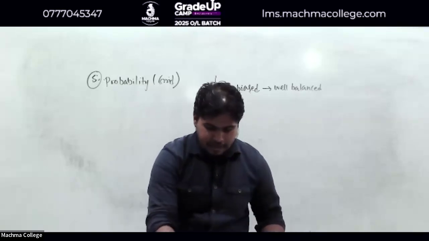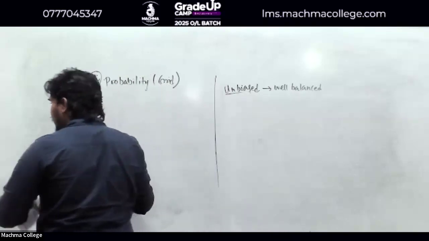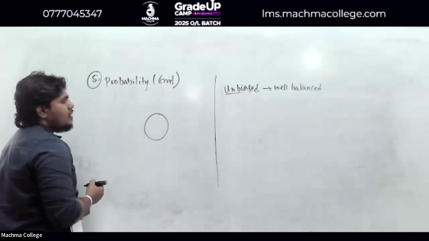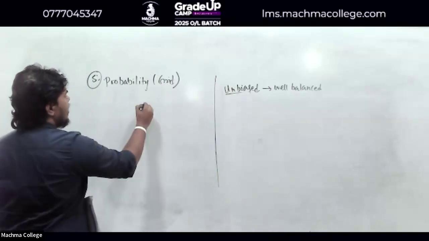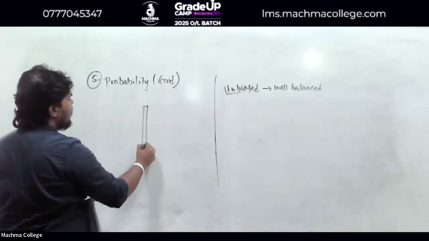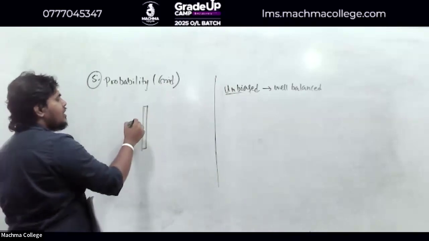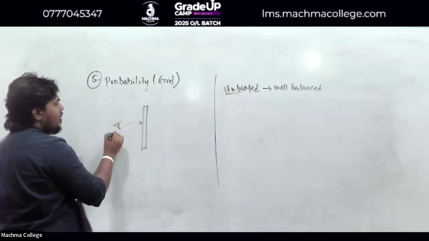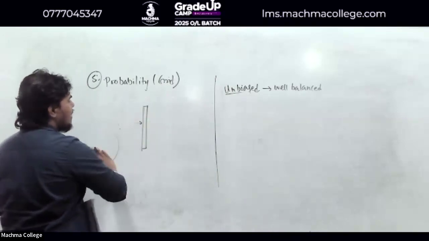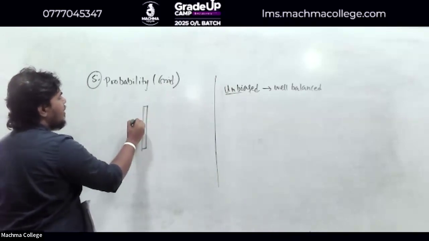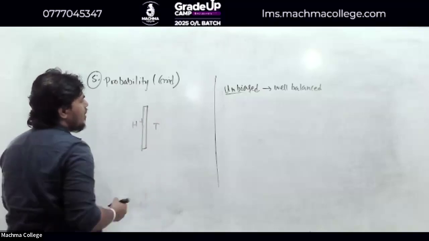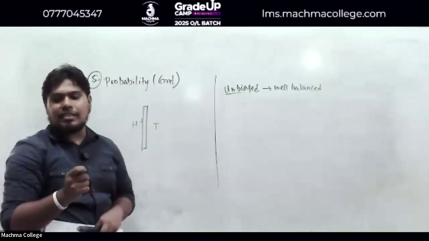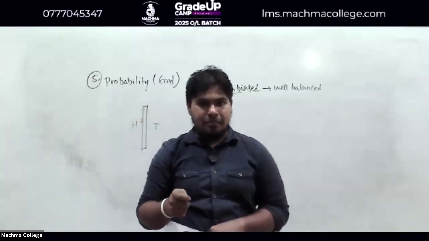Now let's say you take the tossing coin used in cricket. It has two sides, no? So I will take the side view of the cricket coin. If you look from this side, you will see the circle. So let's say this side you have the head and this side you have the tail. If it is unbiased, both sides are well polished and both sides have the same weight.